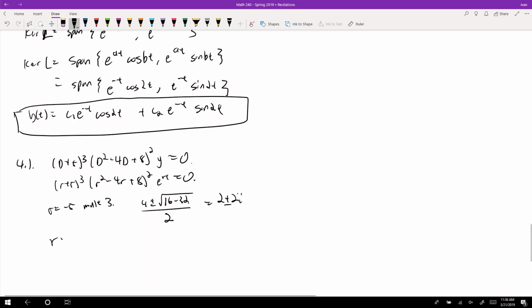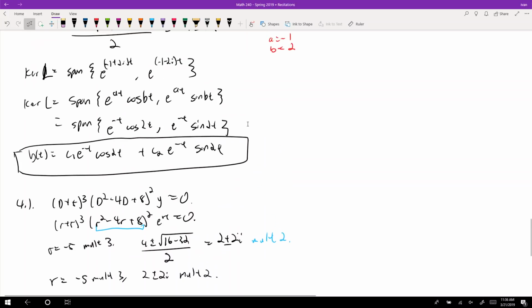But remember, that's just the root for this factor, and we're squaring it as well. So 2 plus or minus 2i has multiplicity 2: 2 plus 2i is repeated twice, and 2 minus 2i is repeated twice, because of that square term.